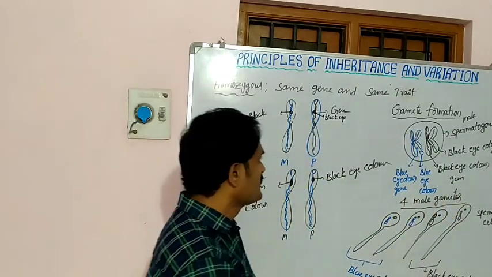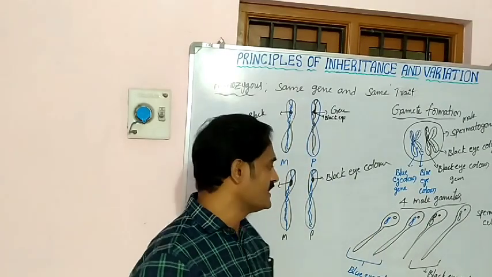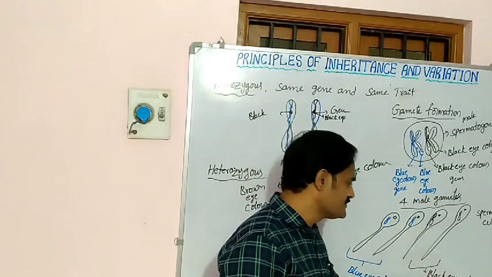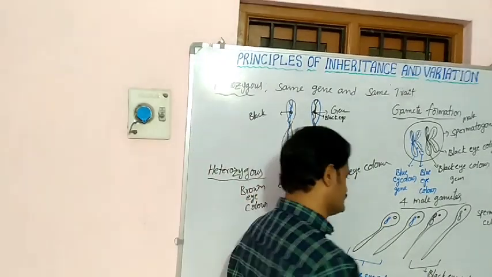During gamete formation, either male or female, there is 50% blue color and 50% black eye color. That means 50-50 chances.